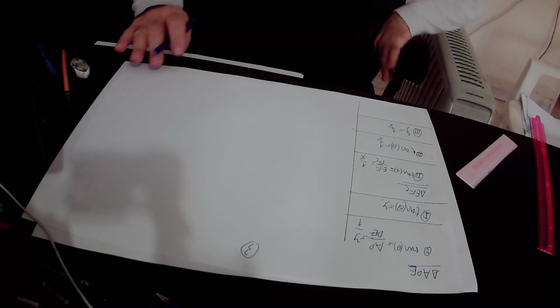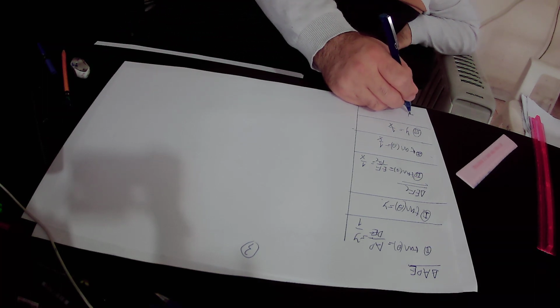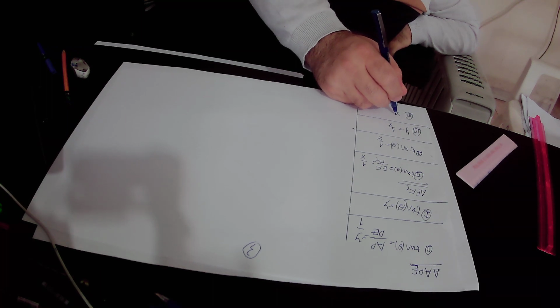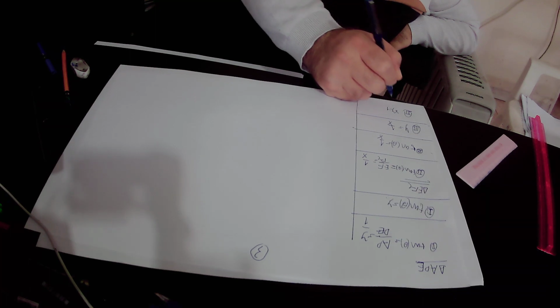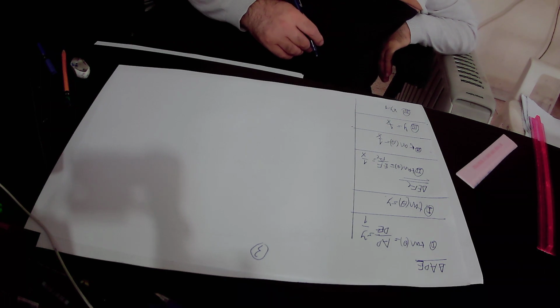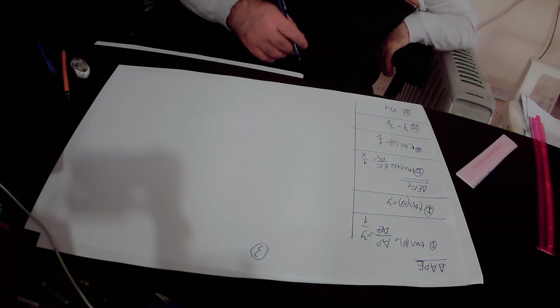Here we multiply equation number 3 by x, and we get that x times y equals 1. Whenever we have two numbers that we multiply by each other and the result is 1, it means that each is the inverse number of the other.